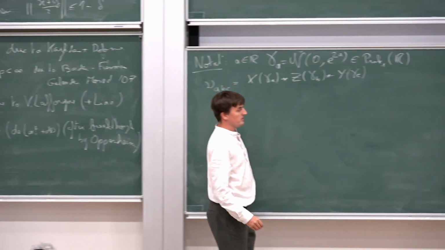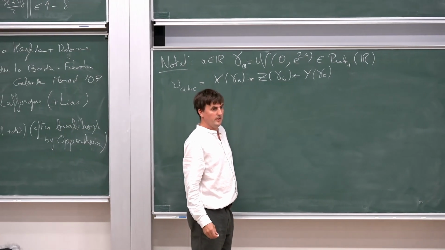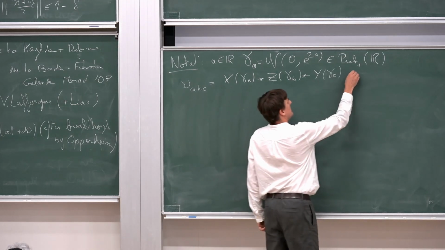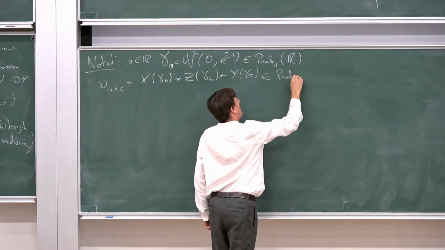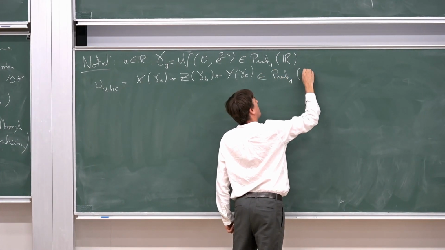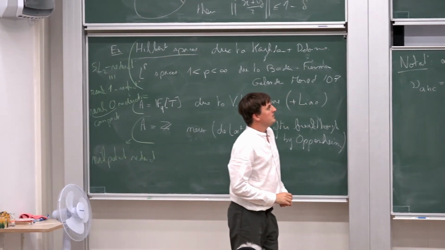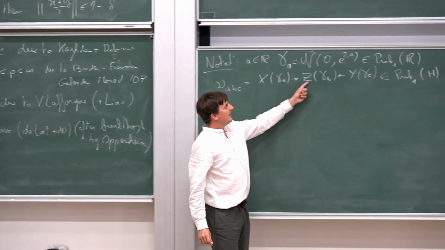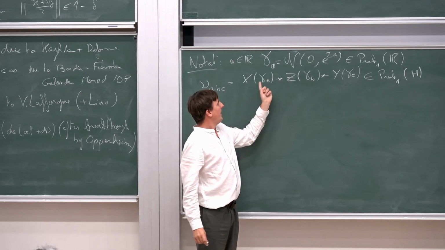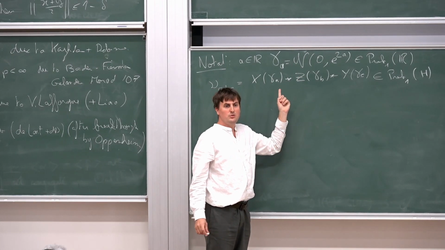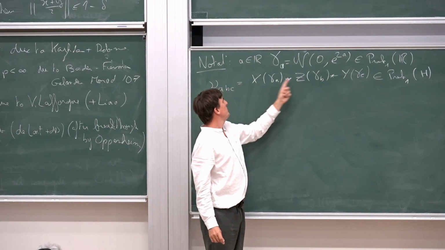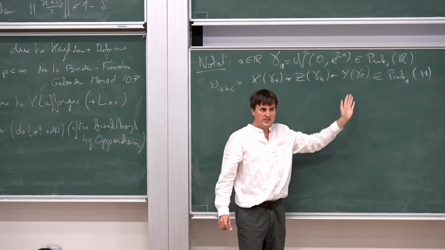When I have probability measures on a group, I can take the convolution. So this is again a probability measure with finite first moment on H. And you see Z is the center of the group H, so I choose to write it this way, but I could have put the Z before or after, it would not change anything.